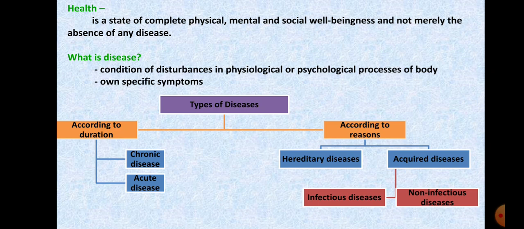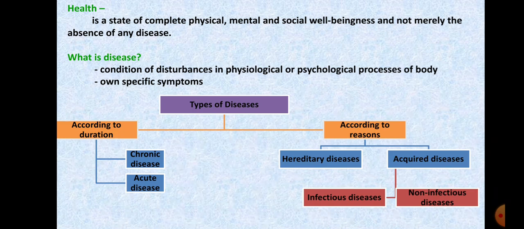Second one is according to reasons. Now, according to reasons, the diseases are divided again into two groups: hereditary diseases and acquired diseases. Hereditary diseases means the diseases which the person gets inherited from the parents, which are there in the genes.